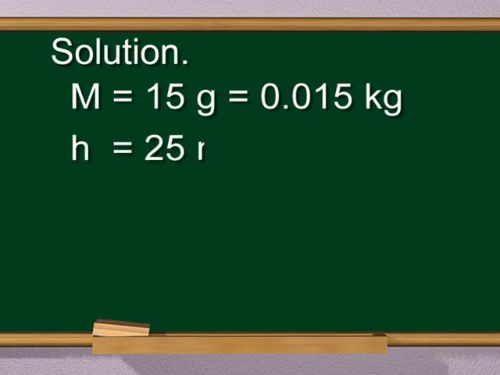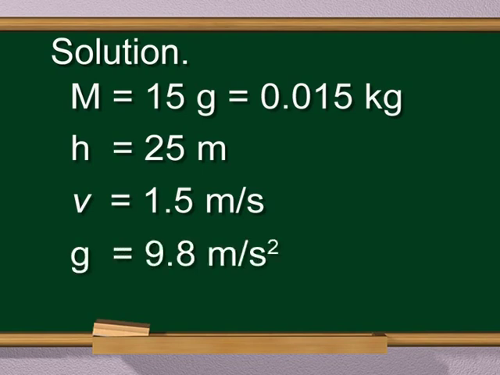H, the height from which the leaf started falling, is equal to 25 meter. V, the velocity with which the leaf landed on the ground, is equal to 1.5 meter per second, and G, the acceleration due to gravity, is equal to 9.8 meter per second square.